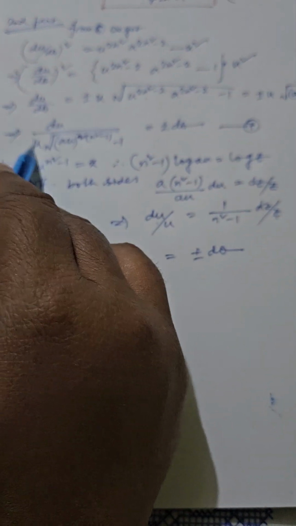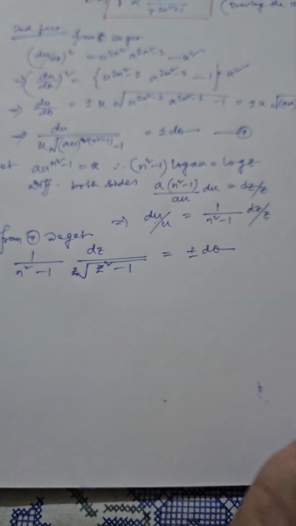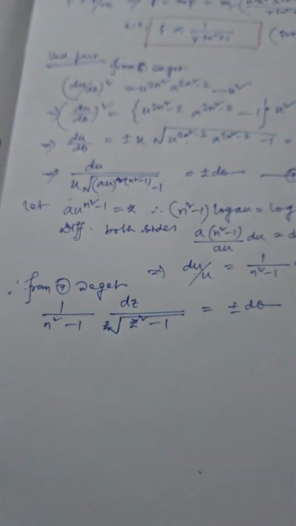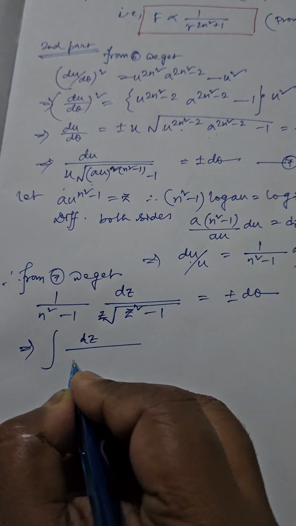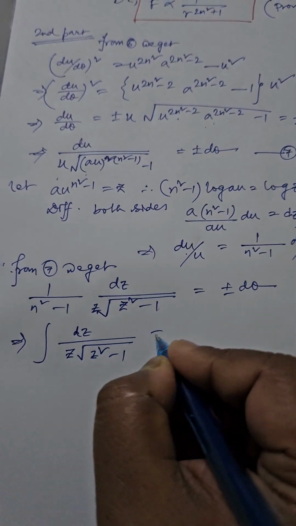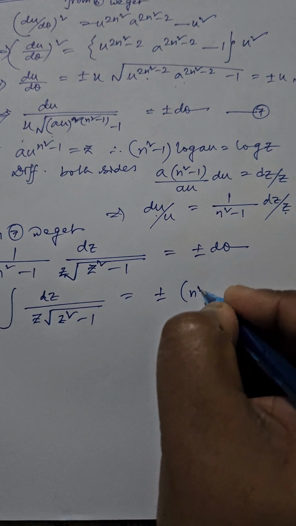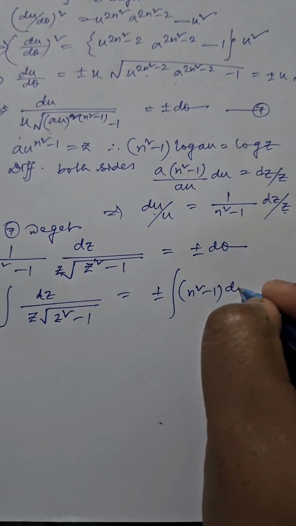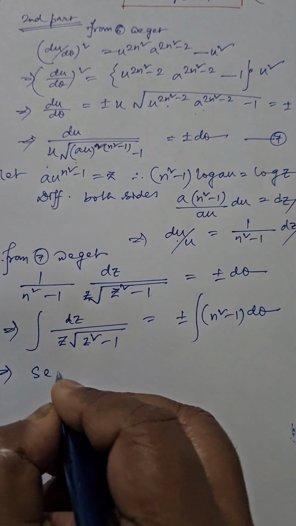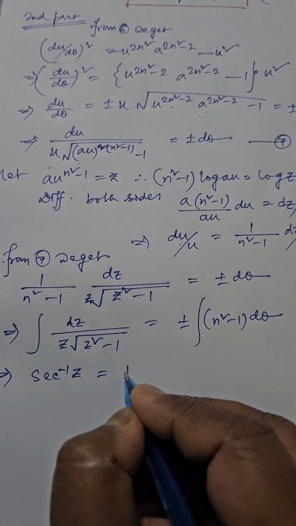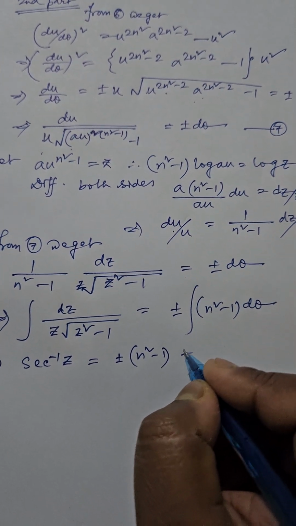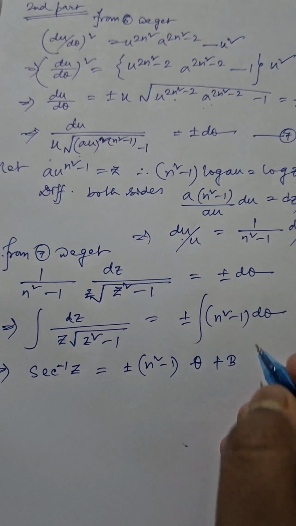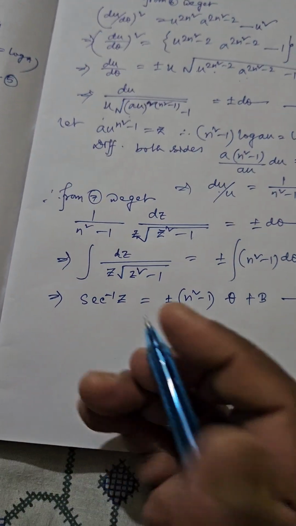So du by u, this part is equal to this 1 by n square minus 1 dz by z, and that's why dz by z root over z square minus 1. Now you can easily integrate. Then plus minus n square minus 1 d theta. So integrating you will get sec inverse z plus minus some constant should be introduced, n square minus 1 then theta plus b. Say this is equation number 8.